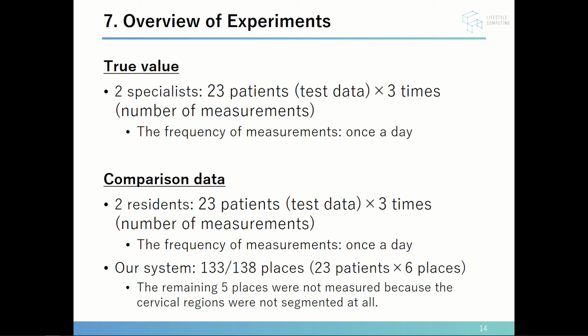A specialist in this context refers to a physician who specializes in diagnosis of the cervical spine, while a resident refers to a physician who does not specialize in the diagnosis of the cervical spine. The data to be measured were the same 46 images of the test data used to validate the learning model in the cervical region.